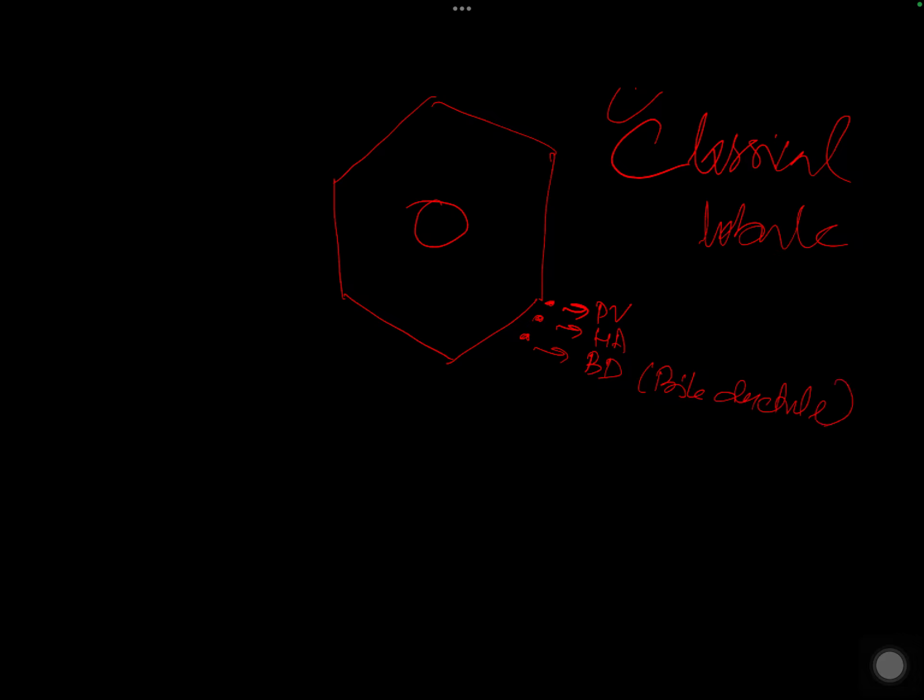And it consists of a group of cells emerging from the central vein and going towards the periphery. These cells are collectively known as cords of hepatocytes.